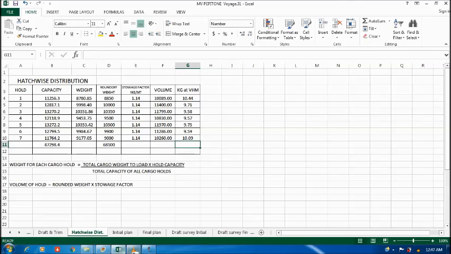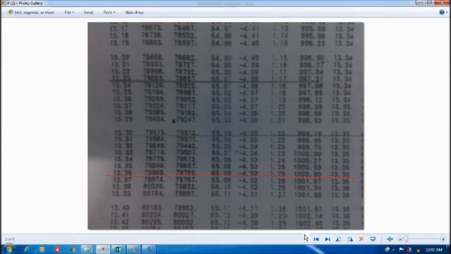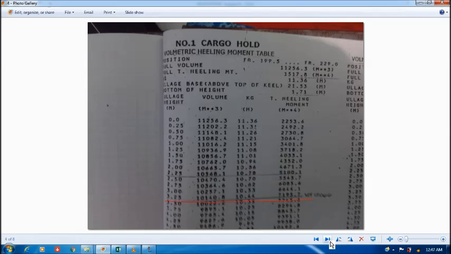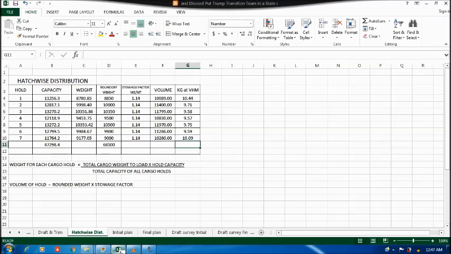Proceed again to your hydrostatic table. Look for the volumetric heeling moment table on your hydrostatic table. In this example, we're going to use cargo hold number 1. Now you can see here the total volume of 10,089 in cargo hold number 1.